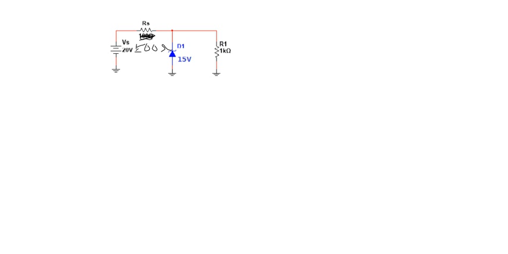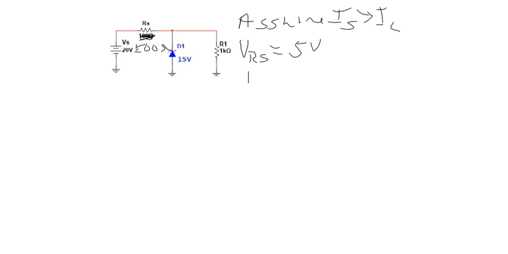So we're assuming, once again, breakdown, and the voltage is still going to be the same with that assumption. VRS is still going to be 5 volts.